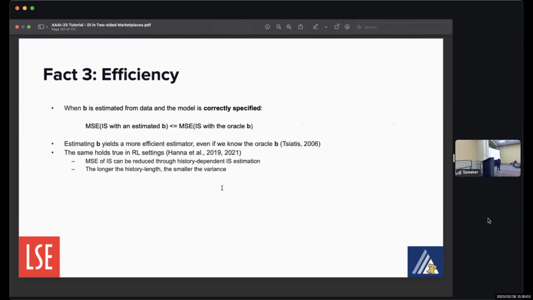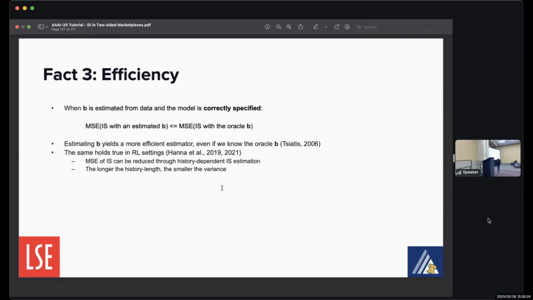This result is a bit counterintuitive. Typically we assume that estimating something will make performance worse due to estimation error. But here, estimating the behavior policy actually yields a more efficient estimator, even in cases where we know the oracle behavior policy.